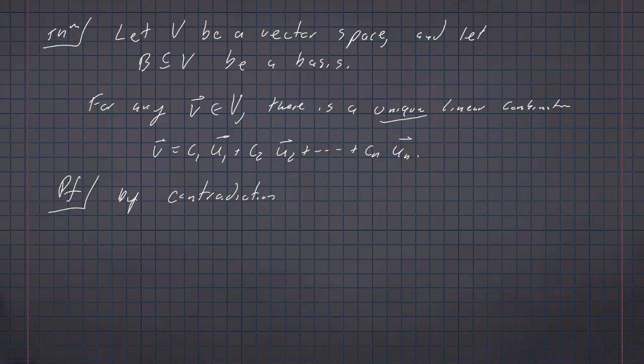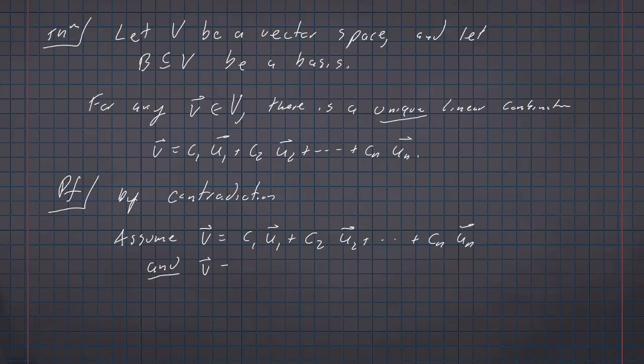Technically speaking, it's not, but thinking of it as contradiction, I think, makes it a little bit easier. Assume that we have not just one linear combination, but two linear combinations.